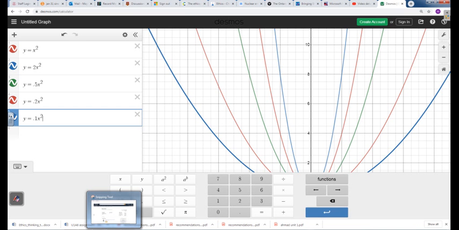Now here's something that I want to show you. We're only going to talk about vertical here. Does anyone have an elastic?